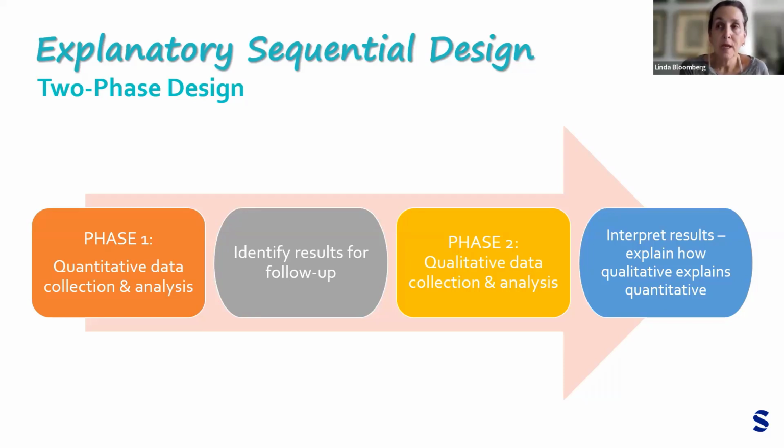ProQuest will bring up dissertations from this year going back 20 years, depending on your search parameters, and you can see what type of problems have been researched through mixed methods. That's a great way of doing it, instead of making up examples, is to look for actual examples where students or researchers have conducted research using mixed methods approaches. Yes, thank you so much.